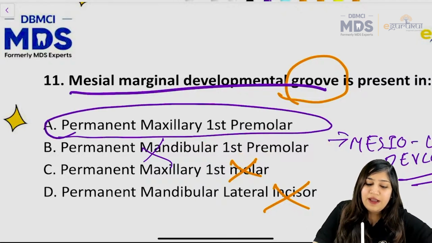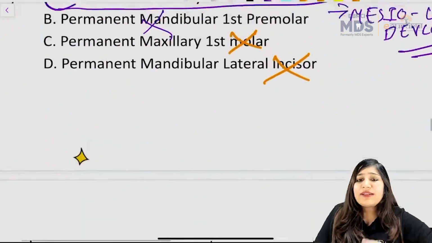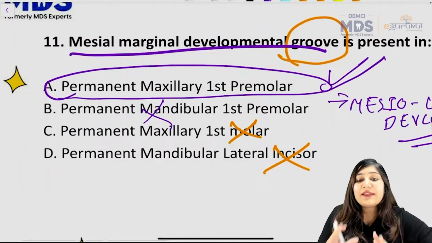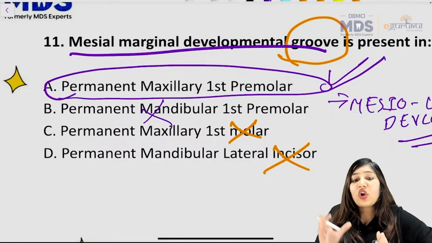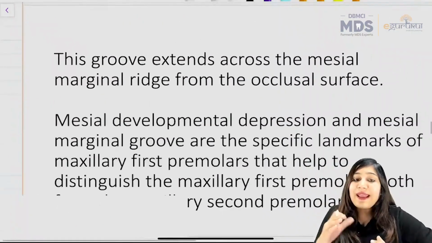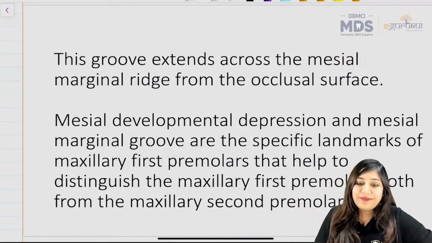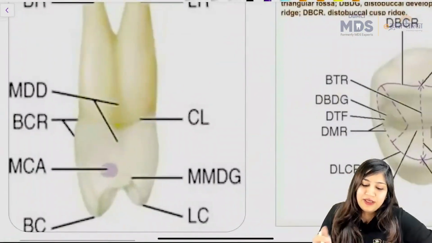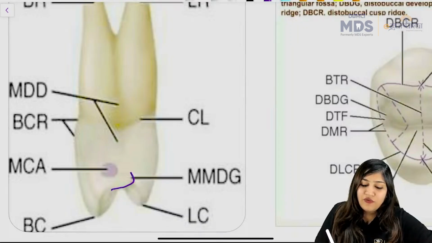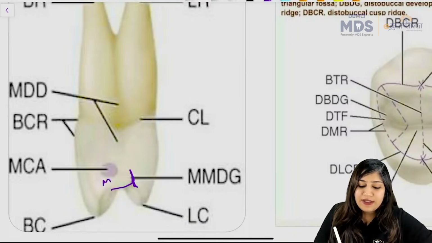permanent maxillary first premolar. Now what is this mesial marginal? From the word itself we can say marginal. So this groove will be crossing the marginal ridge. It usually extends from the mesial marginal ridge onto the occlusal surface. Here we can see this is the mesial surface. This is the groove. And this is the marginal ridge, mesial marginal ridge.